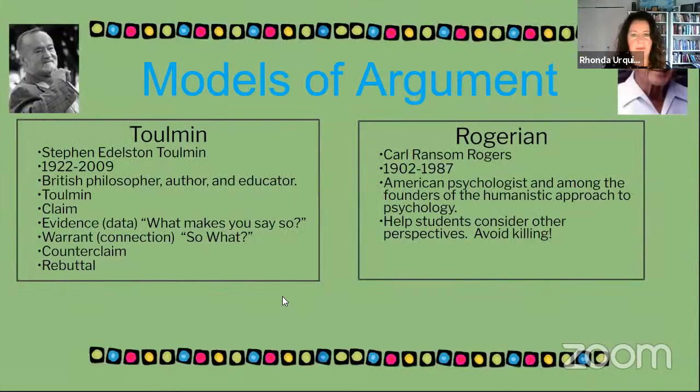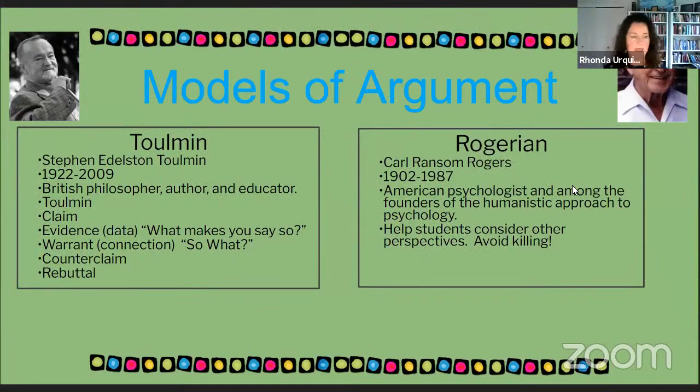Okay, so these are a couple of models. Toulmin is a model that's heavily used, and Rogerian is one that I think should also be embraced. Just in thinking of when these came out, who these two people are, this is also an interactive notebook.